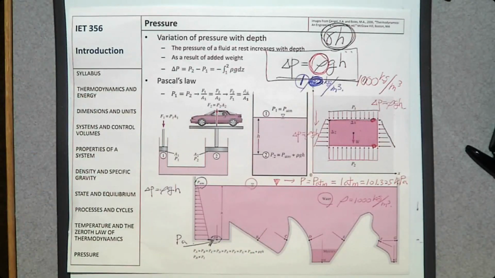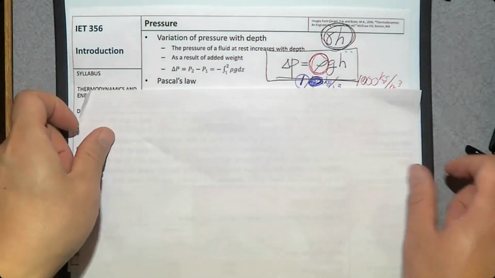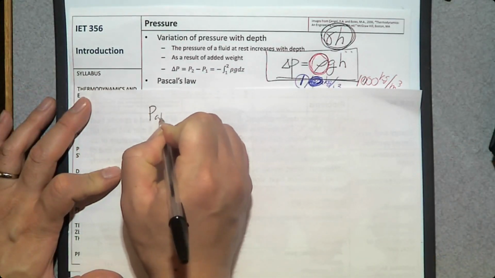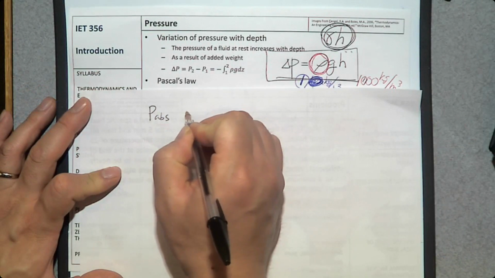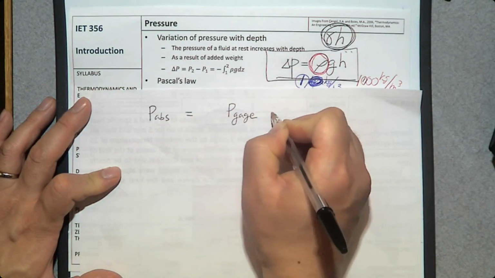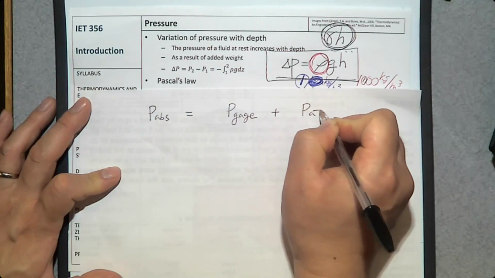Then we studied last week, there are 3 different pressures: absolute pressure, gauge pressure, and atmospheric pressure. How are they related? P_ABS, absolute pressure, is P gauge pressure plus atmospheric pressure.